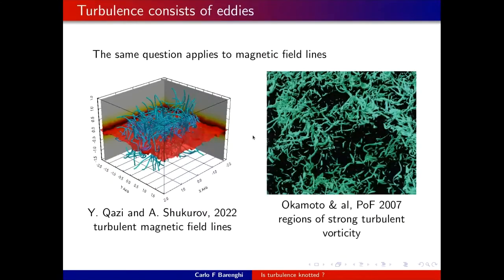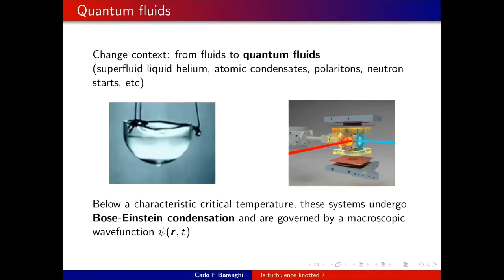Okay. And at this point, I want to change essentially the context. So there is a class of fluids which are remarkably interesting to me, and I hope that I can convince you that they are indeed interesting, called quantum fluids. And in these fluids, actually, the problem of even describing this complexity of turbulence somehow gets simplified.